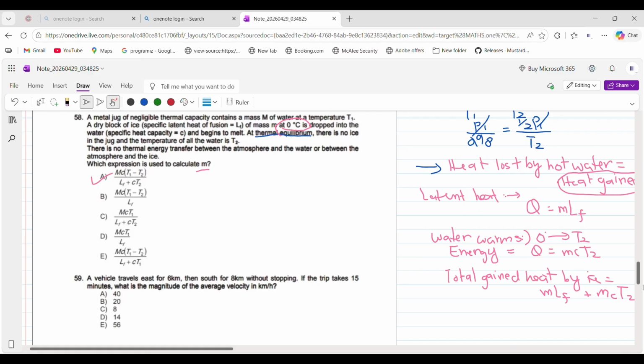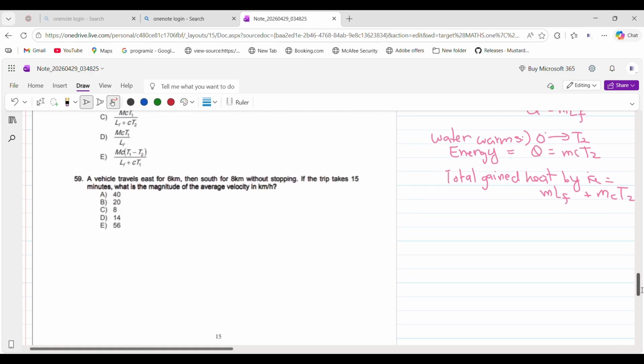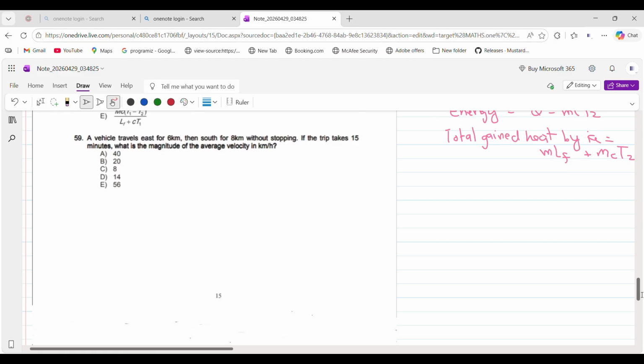Now let's go and solve our 59th question, which is the easiest question, I must say. Not difficult at all. A vehicle travels east for 6 km per hour. East is in this direction. It goes 6 km, and then south for 8 km.